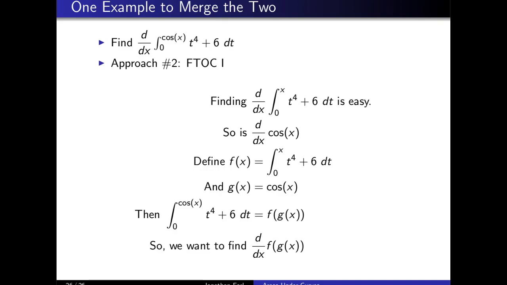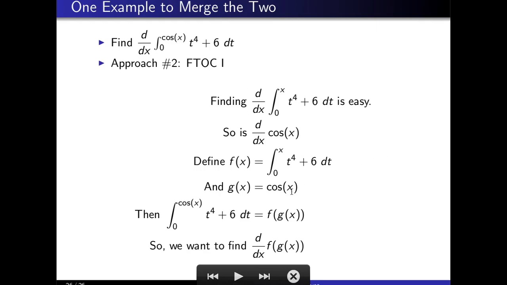So let's use the chain rule. We'll define our outer function f to be this area function from 0 to x of t to the 4 plus 6 dt. It's maybe a strange outer function, particularly in the context of all the outer functions we've had up to this point, but it's a perfectly valid function. And it's an area function. And then we've got this inside function, g of x, to just be cosine of x.